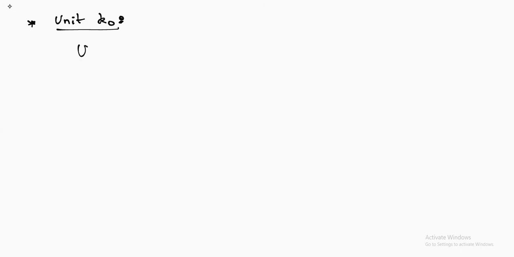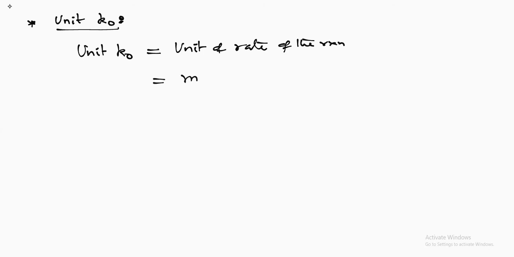Yes, the unit of k naught, the rate constant of a zero order reaction, is equal to the unit of rate of the reaction. Very simple. What is the unit of rate? Unit of rate is mole per liter per second, and this is the unit for the rate constant for a zero order reaction. Note down.